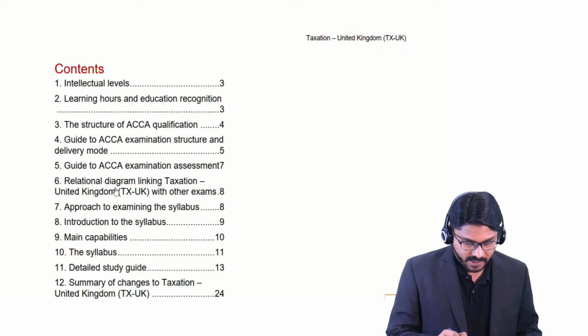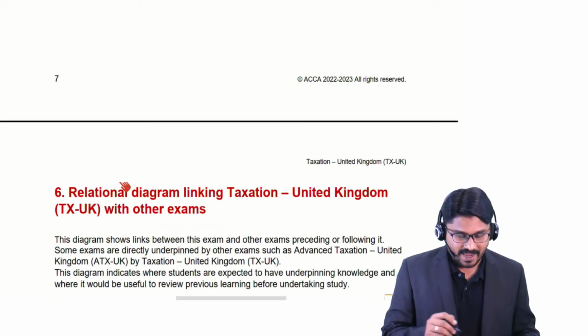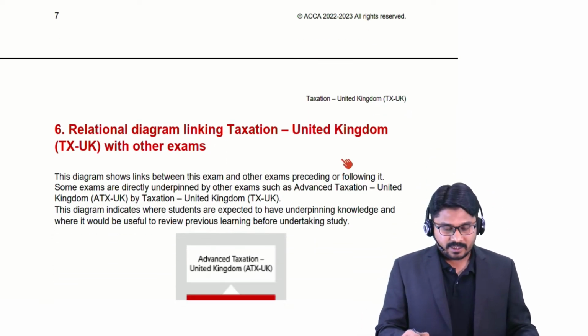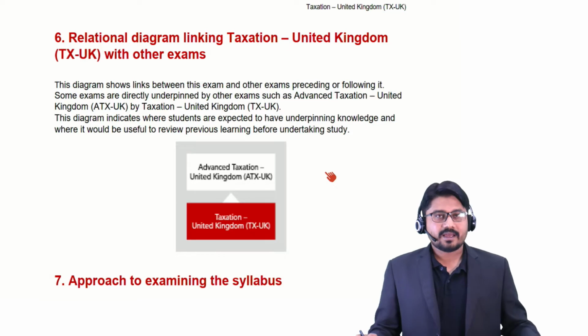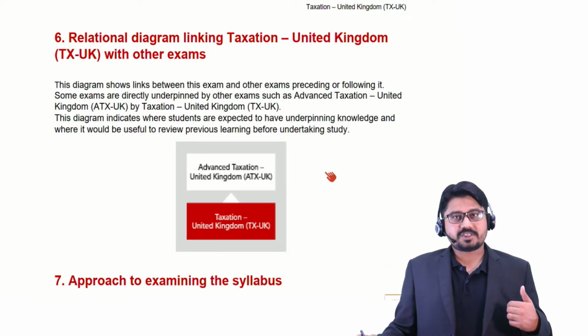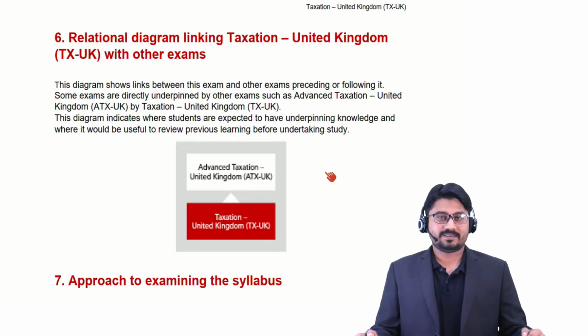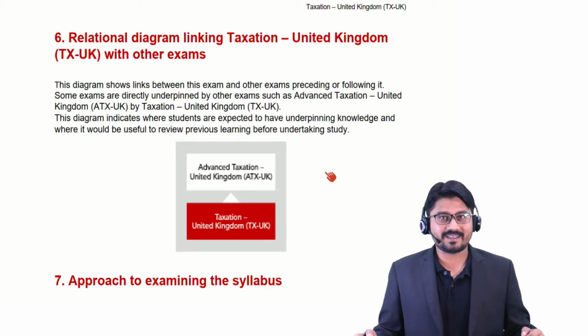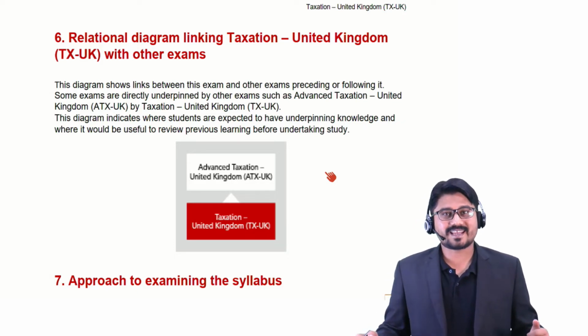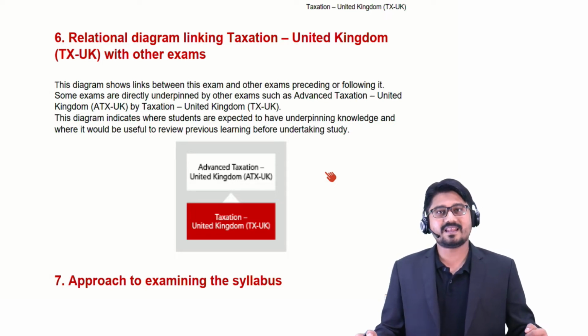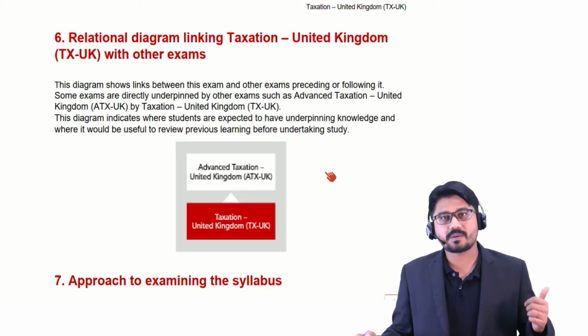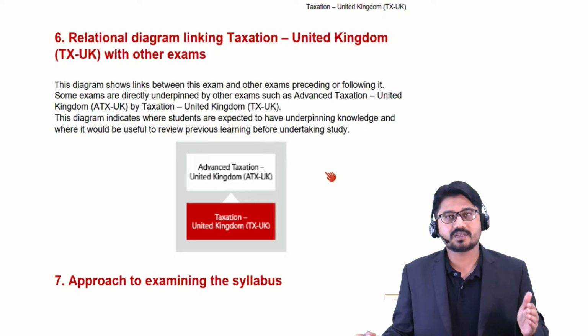First thing, let me show you the relational diagram. You can see the taxation paper is linked with other papers. By the way, interestingly and importantly, this taxation paper has nothing to do with the previous papers, from F1 till F5.